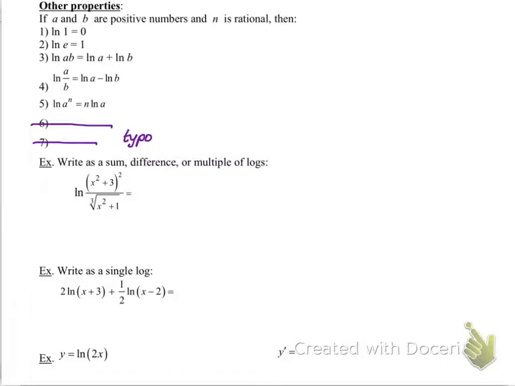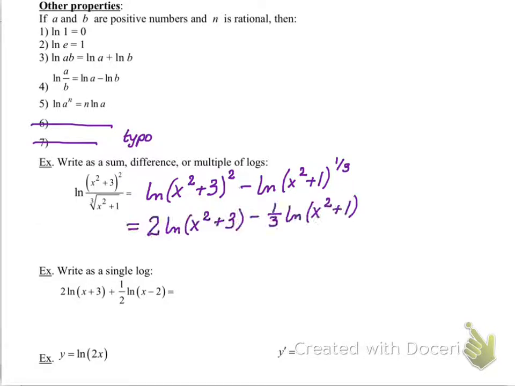Then we go on to our first example. We're going to write this as a sum, difference, or multiple of logs. So the first thing we're going to do is separate it into a subtraction problem. Once we've done that, we're going to put our powers out front. And there we go. Sometimes it's in our best interest to separate out our logarithms like that, and sometimes it's in our best interest to squish it together as a single logarithm.